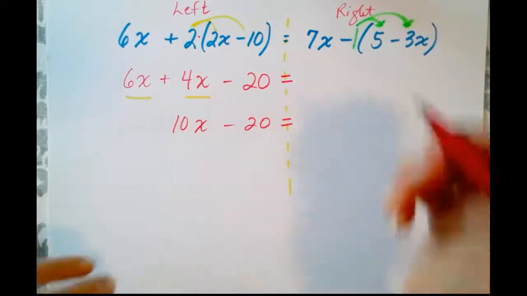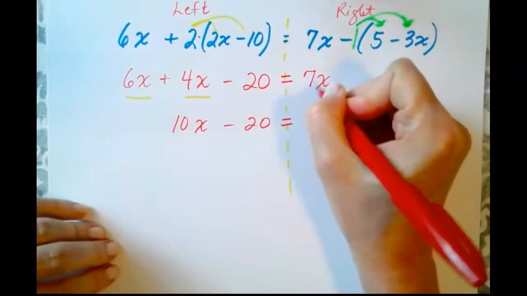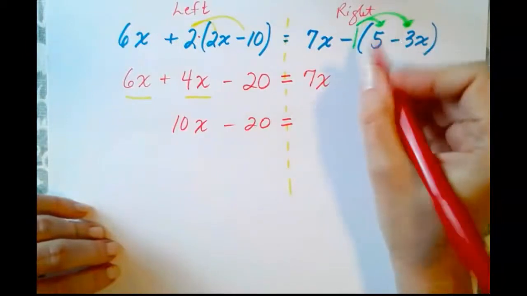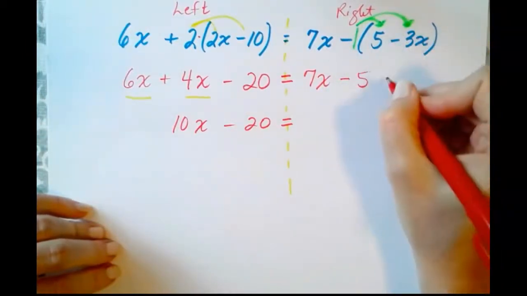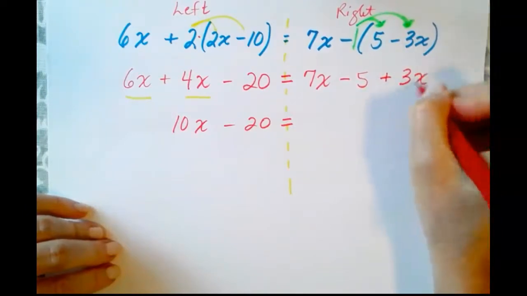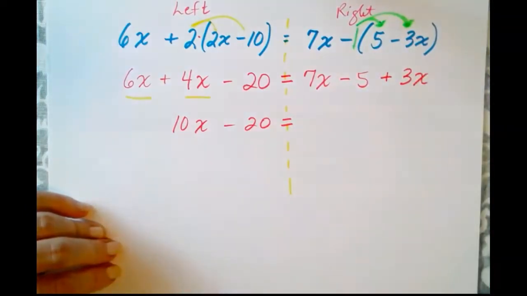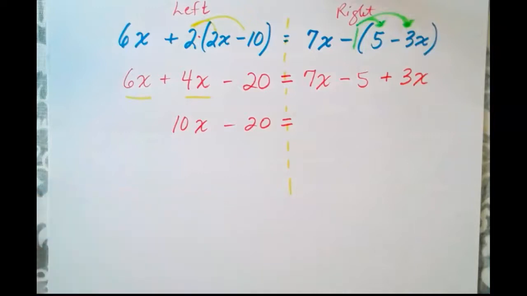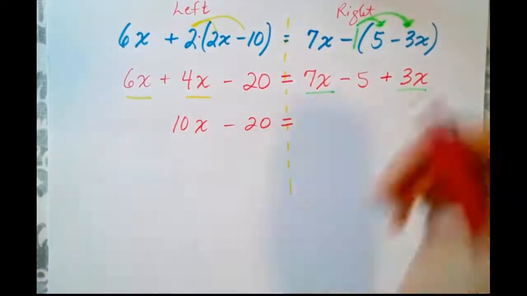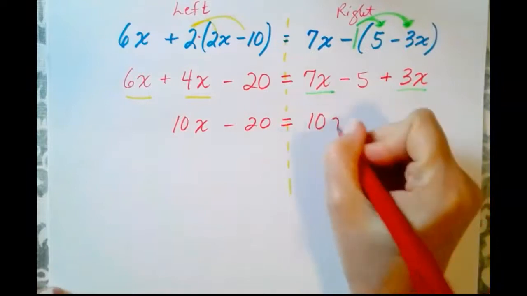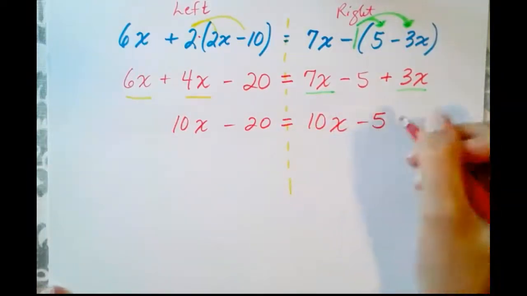We're simplifying the right-hand side. So 7x stays. -1 times 5 is -5. -1 times -3x is plus 3x. So we've used the distributive property. Now we are going to combine like terms. The like terms on the right-hand side are the 7x and the 3x. So we end up with 10x minus 5.